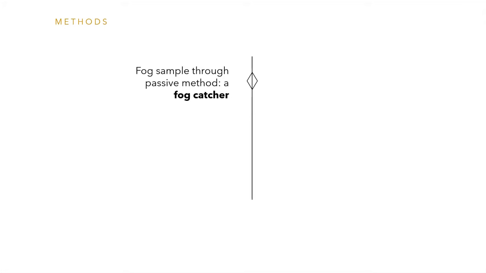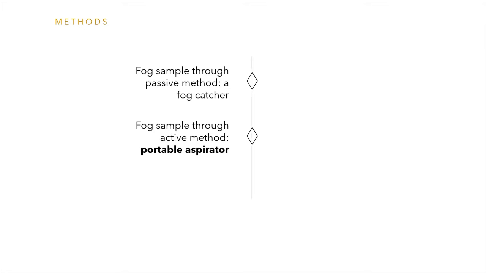To answer this question, we sampled fog through a passive method using a fog catcher that comprises a structure with a net. I will show it soon. And we also sampled fog through an active method using a portable aspirator with a sterile filtration membrane.